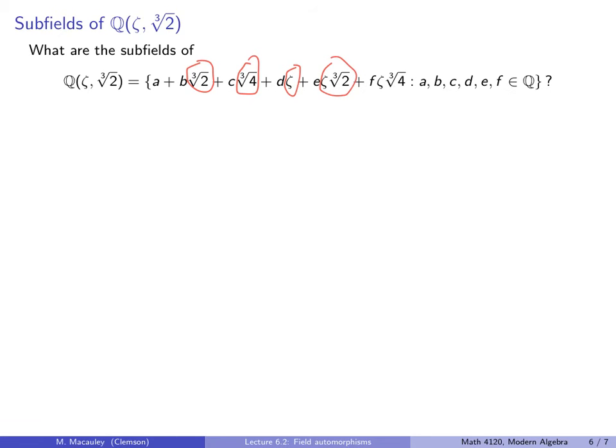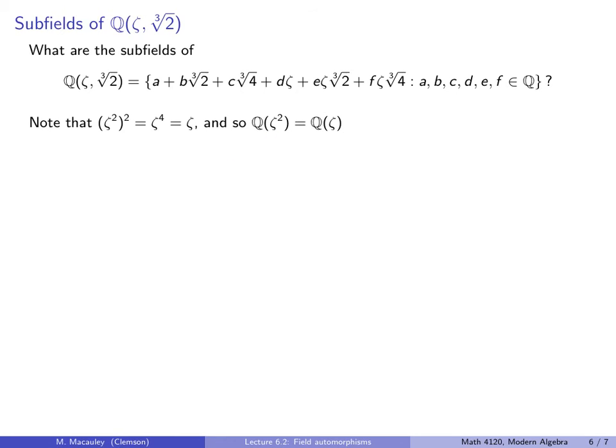And it's not clear that we're going to get different fields in all of these cases, and actually in some cases we don't. For example, let's compare Q adjoined zeta squared to just Q adjoined zeta, and actually it's not hard to see why these are the same field. One way to see it is if you take zeta squared and you square it, you get back zeta. So from zeta squared I can generate zeta, and from zeta I can create zeta squared.